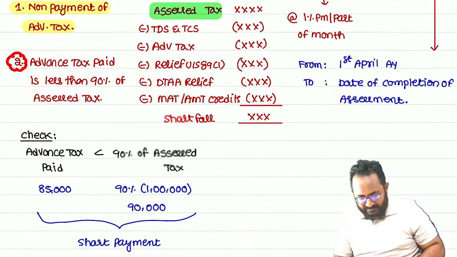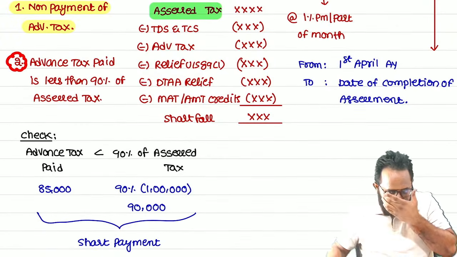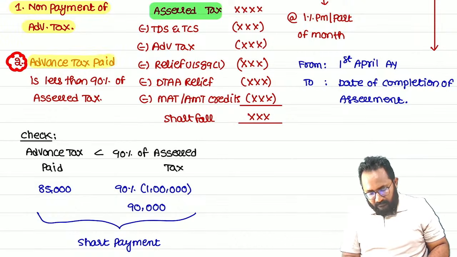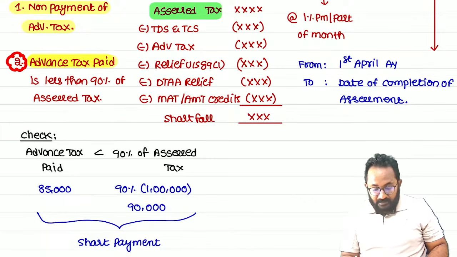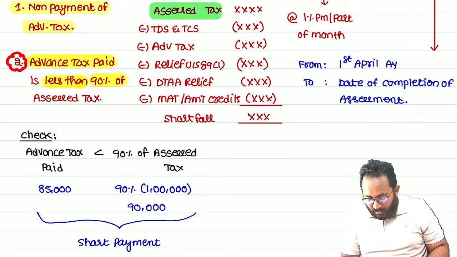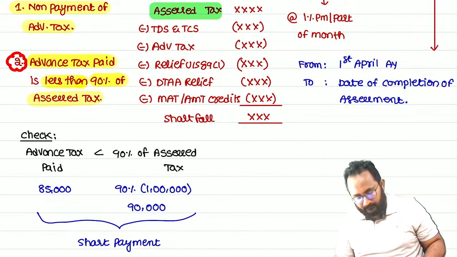Second one, what do we mean by short payment? Very important, listen carefully. Advance tax paid, some amount we paid. If that is less than 90% of what? Assessed tax.